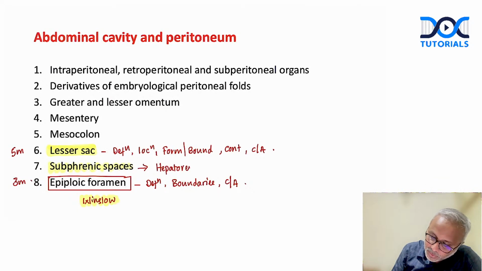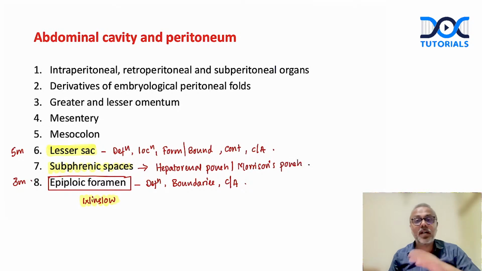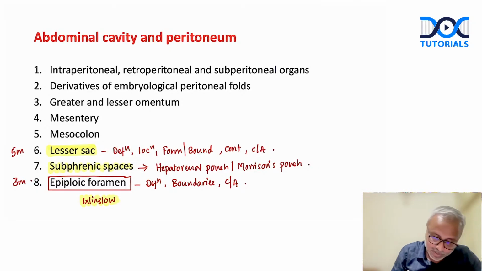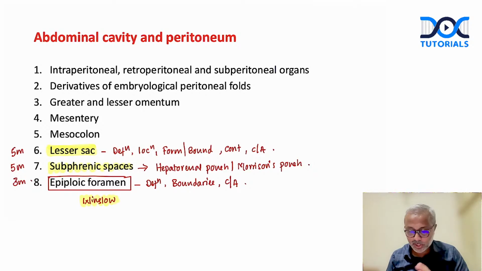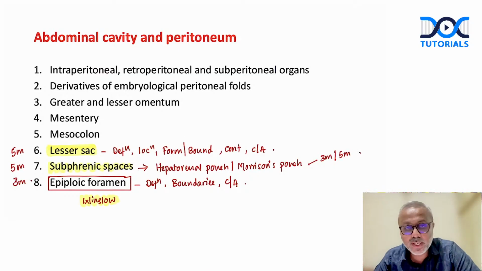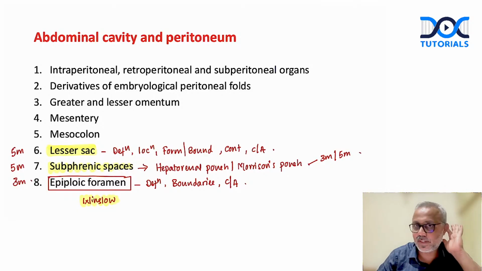Okay, so the hepatorenal pouch or the Morrison's pouch, right? Now this will be a very important 3-marker or a 5-marker question for your exam. Okay, all the subphrenic spaces are 5-marker questions, but out of this, Morrison's pouch itself could be a 3-marker or a 5-marker question. What is it? Where is it located? What are the boundaries? What is the clinical significance?